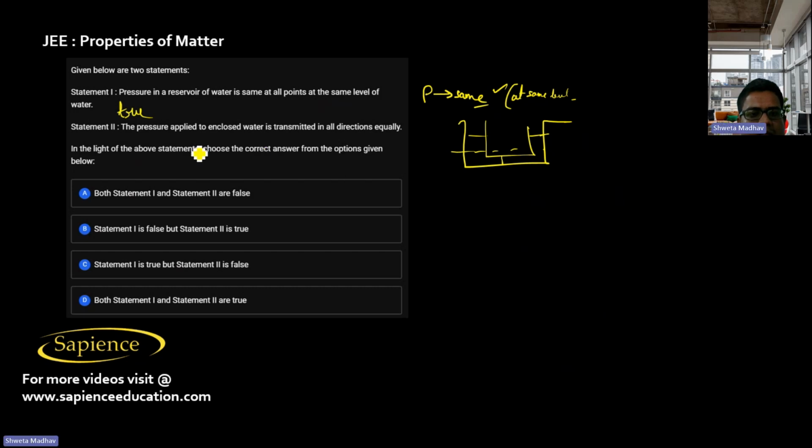Statement 2: the pressure applied to enclosed water is transmitted in all directions equally. That is also true. So both statements 1 and 2 are true, so option B is the correct answer.